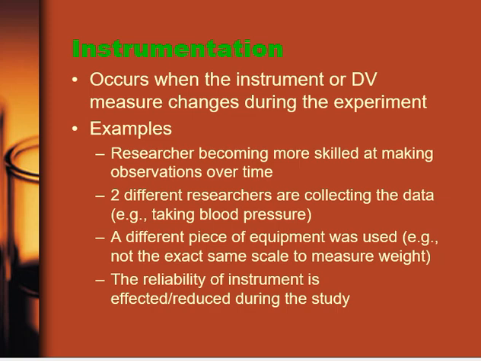So you might be, as a researcher, becoming more skilled at making observations over time while the study is going on. And therefore, because you as a researcher are becoming more skilled, you're actually influencing the outcome variable. Is it really because you're getting better at your measurements, or is it because the actual experimental treatment is actually causing a change? We don't know.